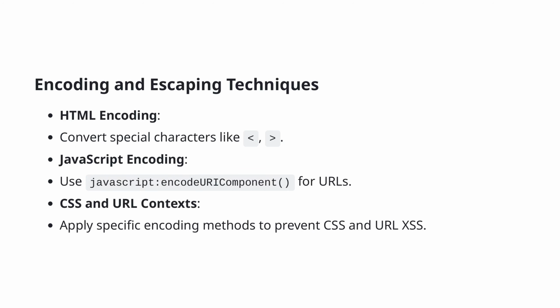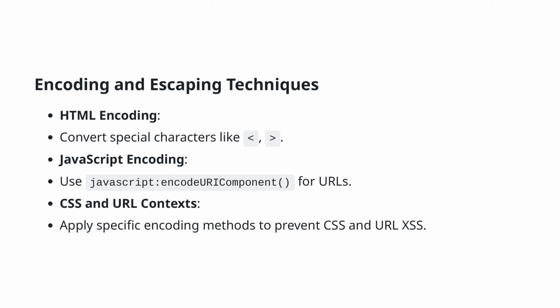In this slide, we focus on encoding and escaping techniques, which are essential for protecting web applications from XSS attacks. HTML encoding involves converting special characters, such as the less than and greater than signs, into their respective HTML entities to ensure that they are not interpreted as code by the browser.